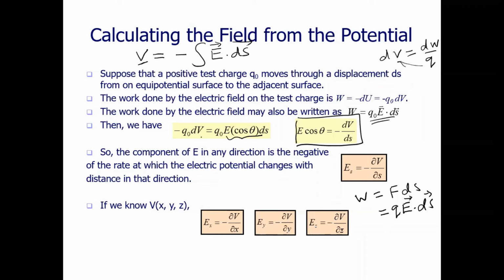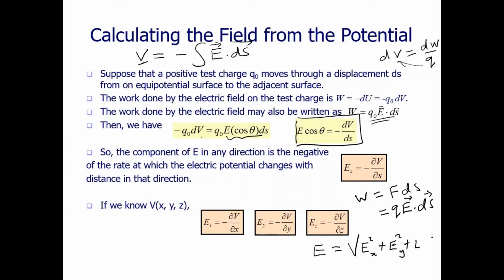So it means that if you know the electric potential, then you can find the components. And after you find the components, you can find the magnitude of the electric field by using this equation: E_x squared plus E_y squared plus E_z squared.